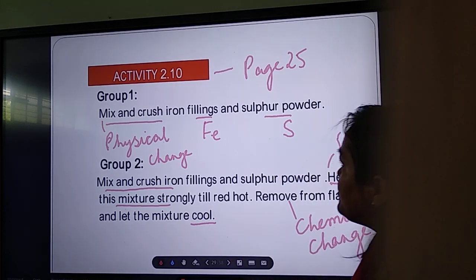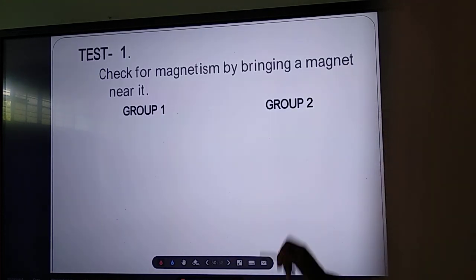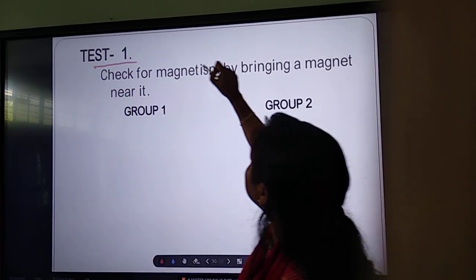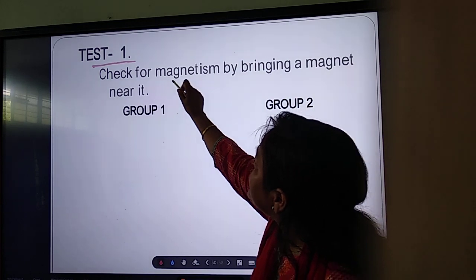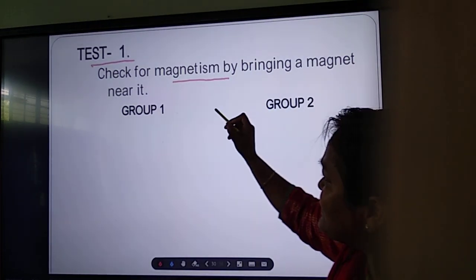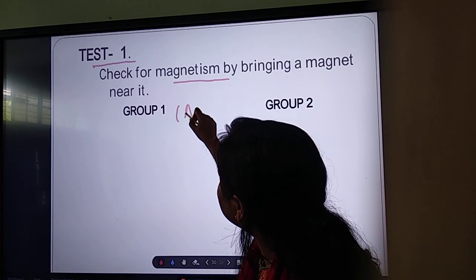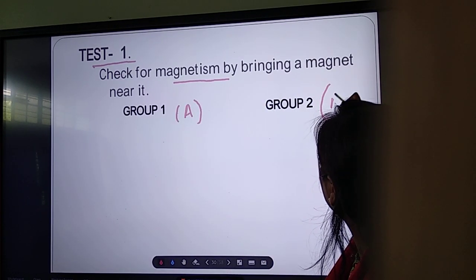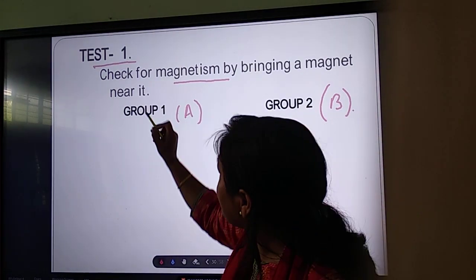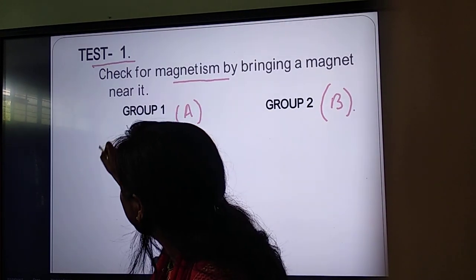Then the next step is, you have to test. There are 4 steps. Check for magnetism by bringing a magnet near it, meaning you have to use a magnet. Let us say group 1 got substance A, and group 2 got substance B. What will happen if you bring a magnet near it?